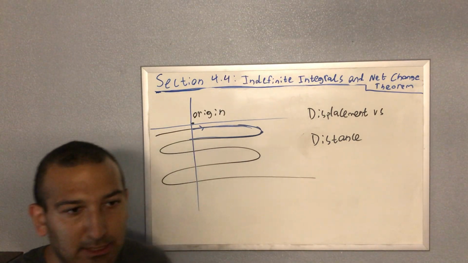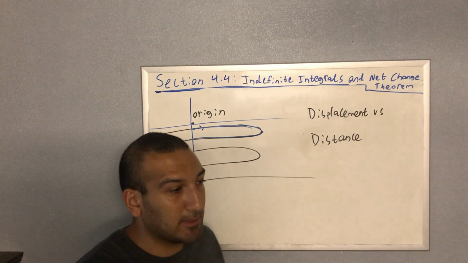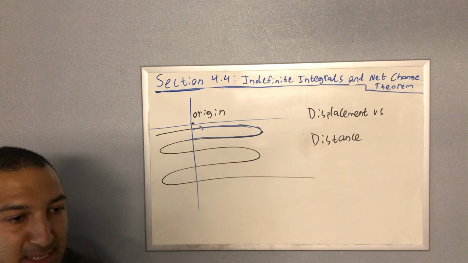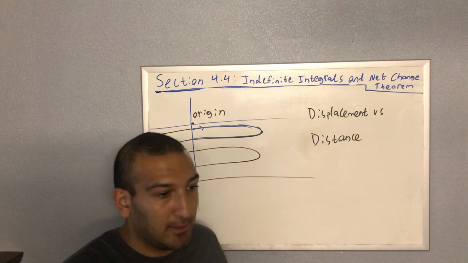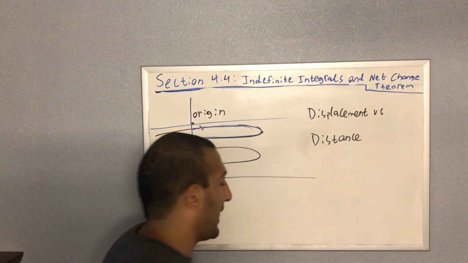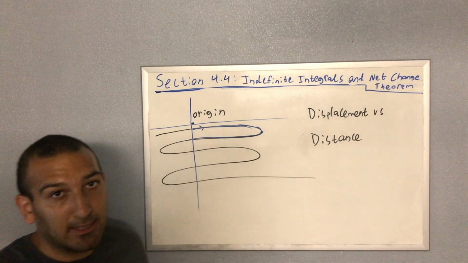Distance is just how far did I travel. So that would be 2 steps. But what was my displacement? How much was I displaced from my original position? It is 0. I didn't really move effectively. I went 1 right, 1 left, and I just came back to where I was.